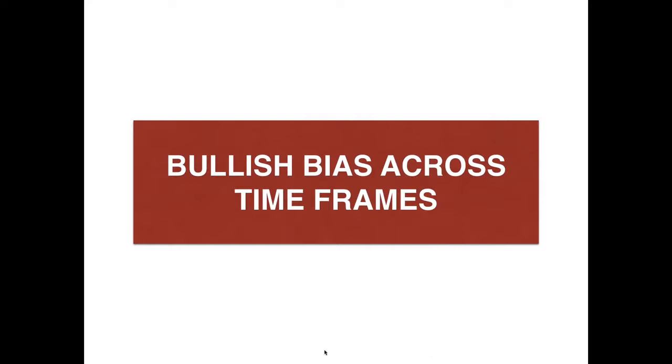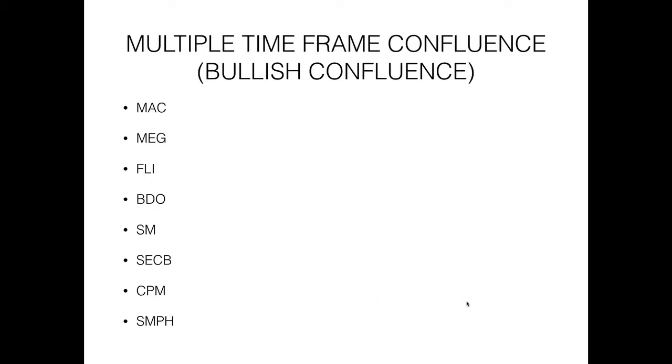So we have other securities that have a bullish bias across time frames. For the past few months, this has always been MAC and IMI. Multiple time frame confluence: you have bullish confluences in MAC, MEG, FLY, BDO, SM, SECB, CPM, and SMPH.